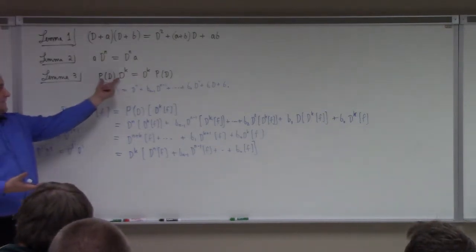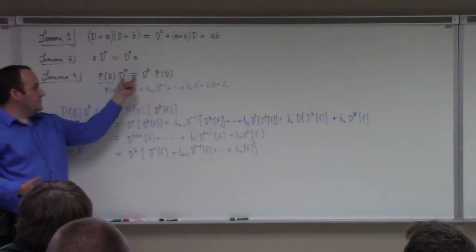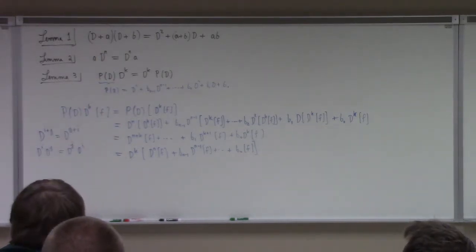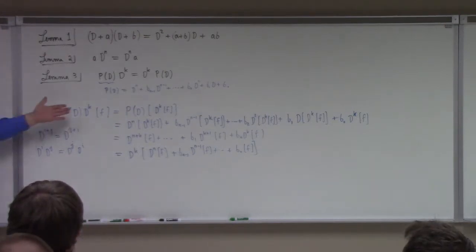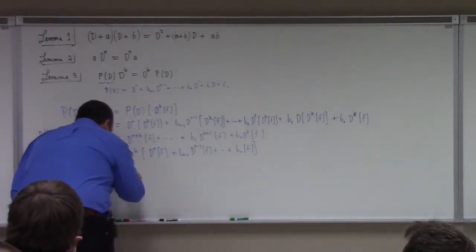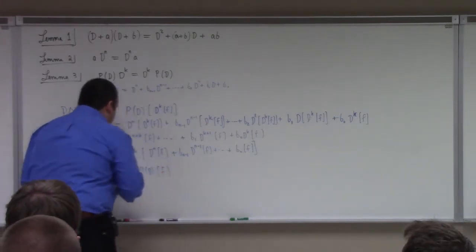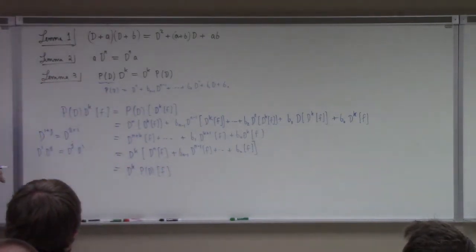It means that this kth derivative operator commutes with a polynomial in D. That's what that ends up meaning when we sort through this calculation. The next step is that this is D to the k times the polynomial in D acting on f, but f is arbitrary, so this proves lemma 3.